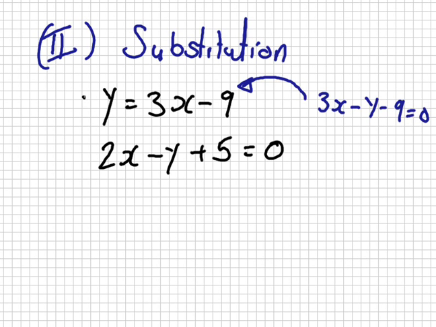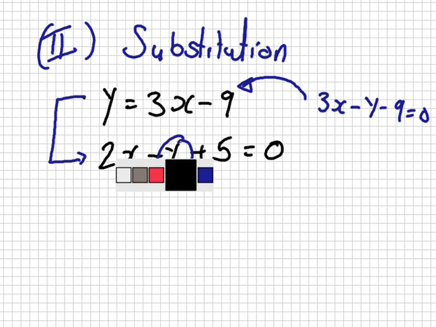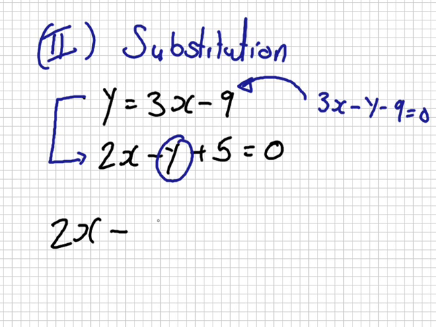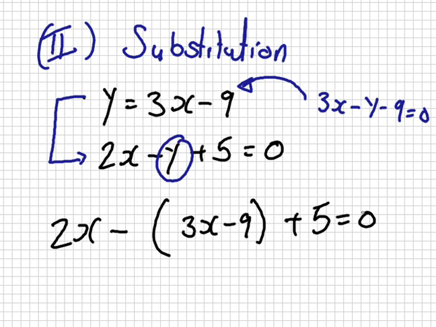So once you have y here, you then replace it in the second one. It's a replacement. So this now becomes 2x minus y, which is 3x minus 9, plus 5 equals 0. And you'll notice that you only have x here. You don't have any y.